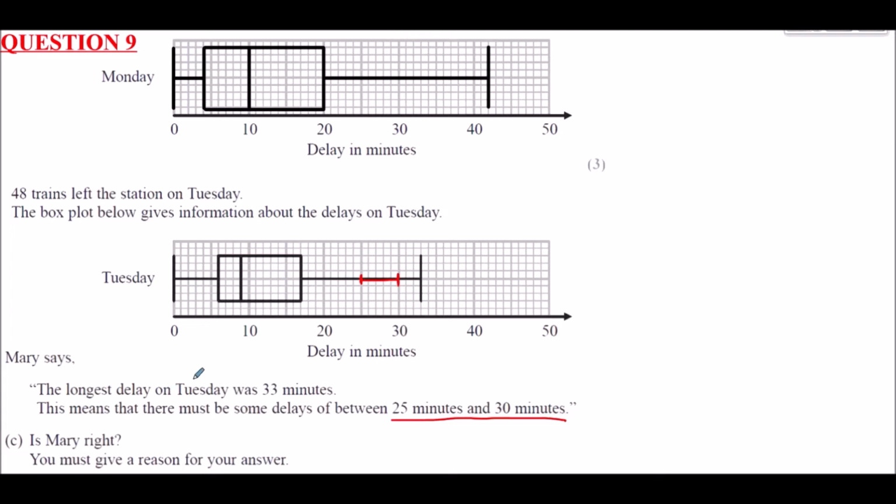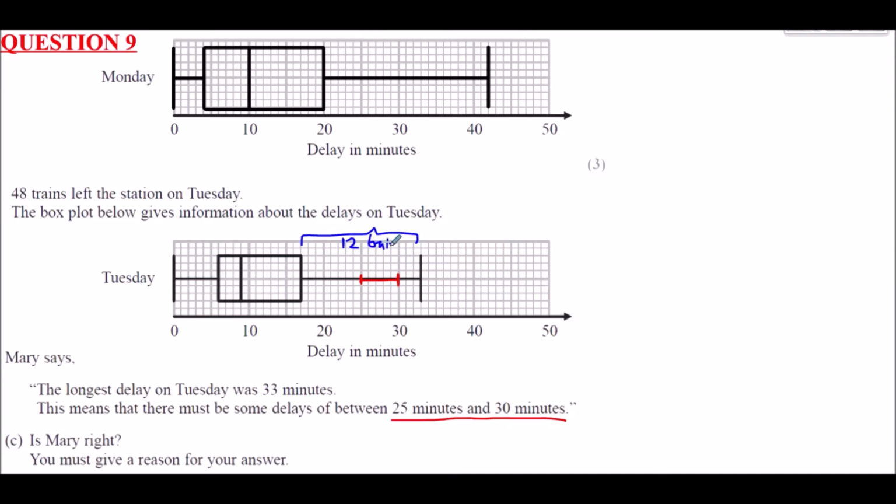Now, this doesn't really tell us much, because if the longest delay was 33 minutes, what we do know is that between this end of the box up to the maximum value, the distance between the upper quartile and the maximum value, that's your top quarter of the data. So this is going to be 12 trains.